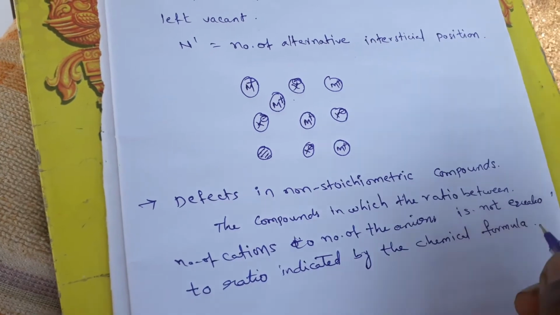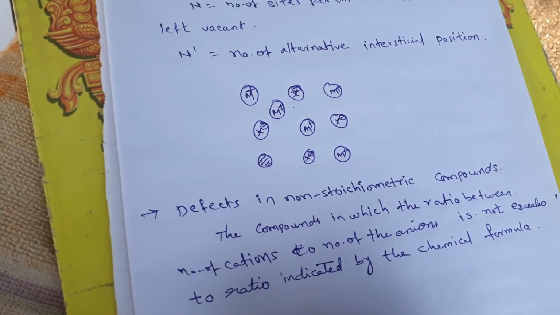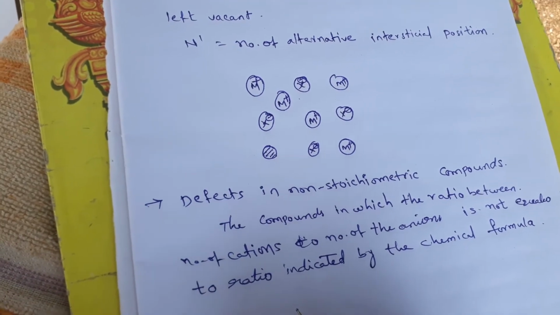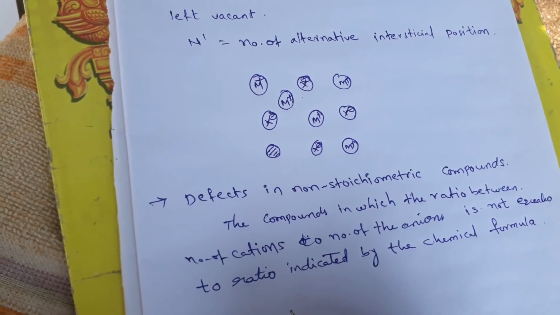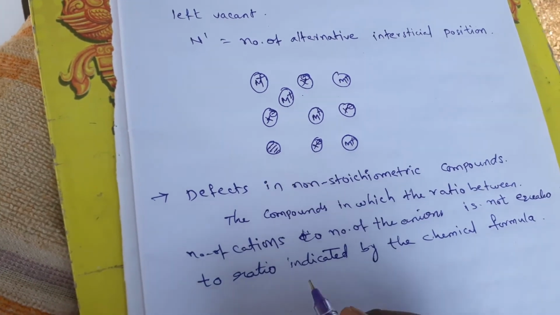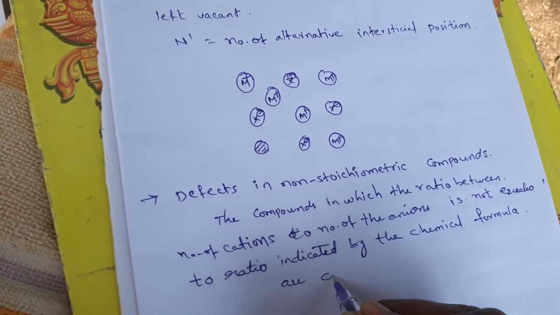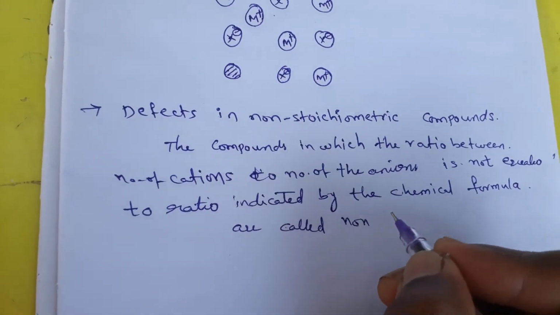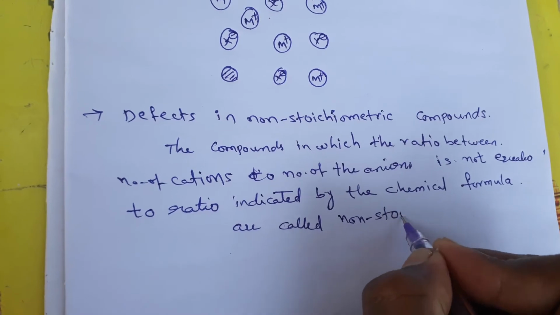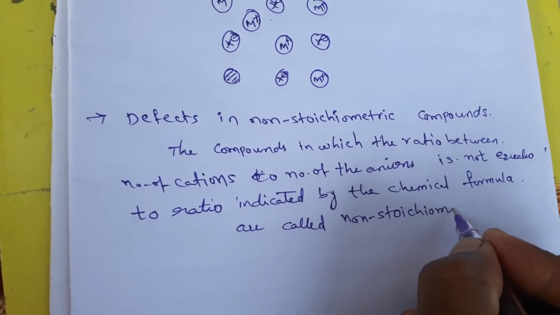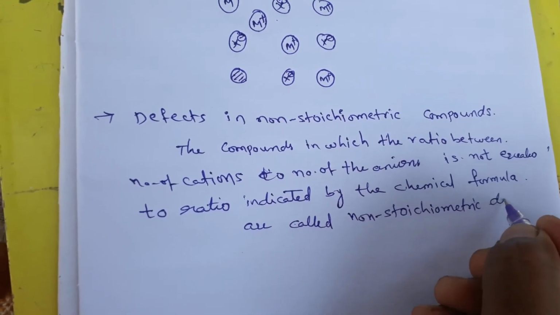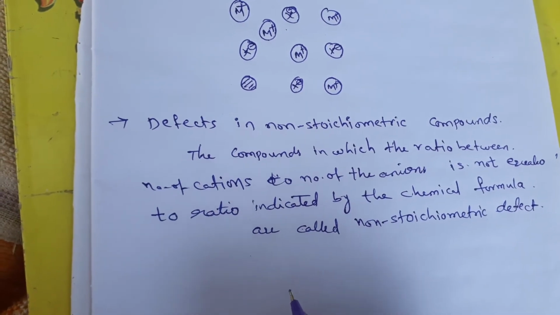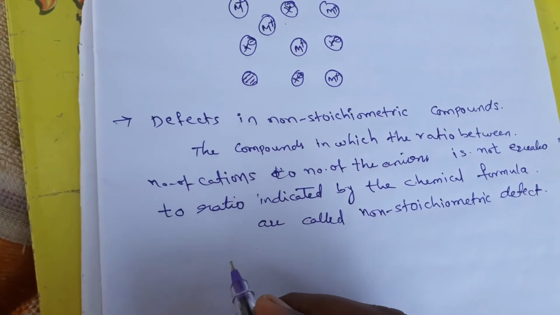So here, if the chemical formula ratio is not equal to the ratio between the cations and anions, then we can say it is a non-stoichiometric defect. So non-stoichiometric defects are further classified into two types.